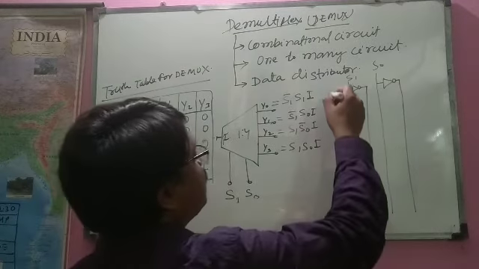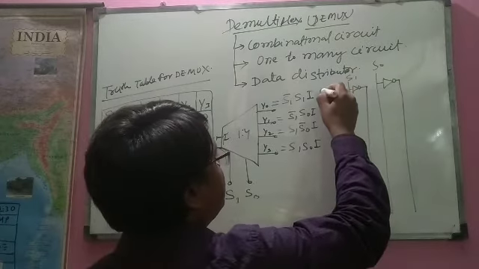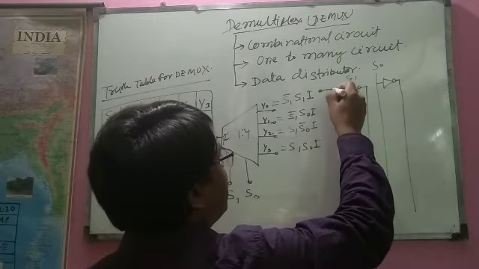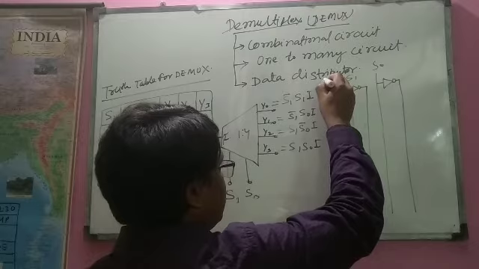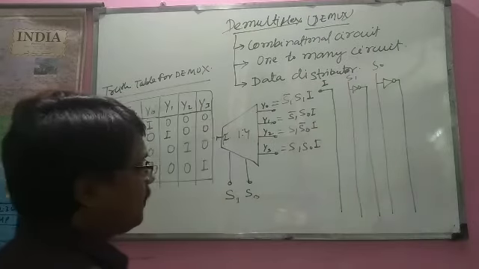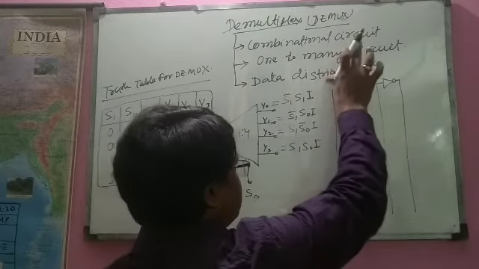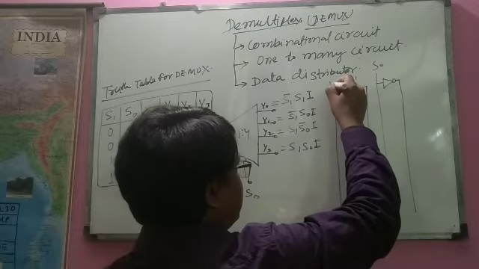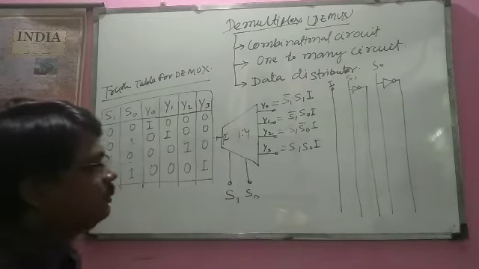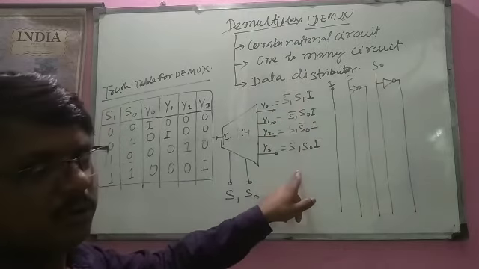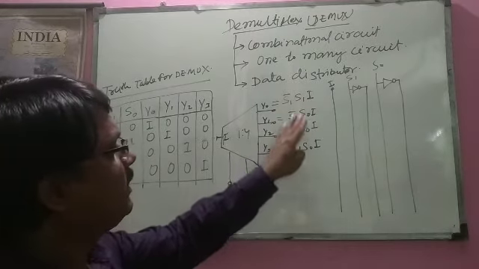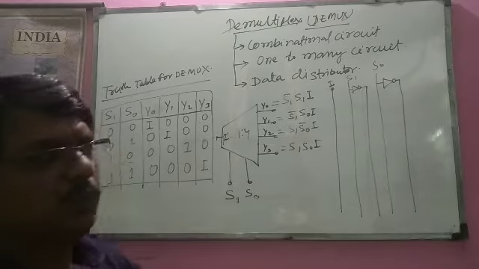Here let us suppose this is the input I. Because I is connected to every output combination, I will be connected to each output.